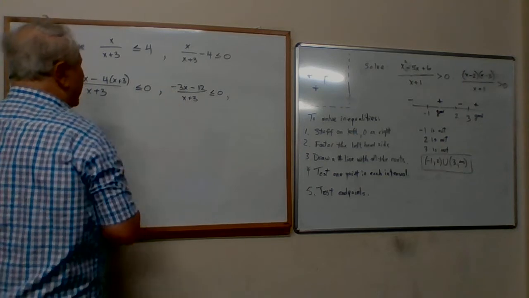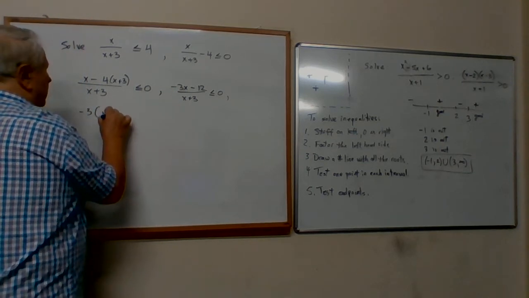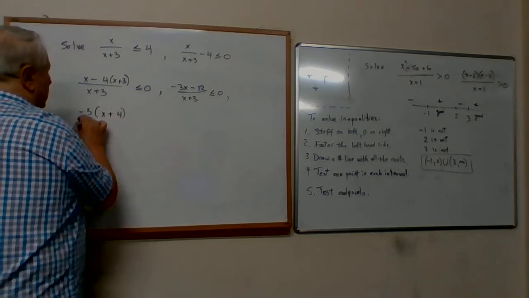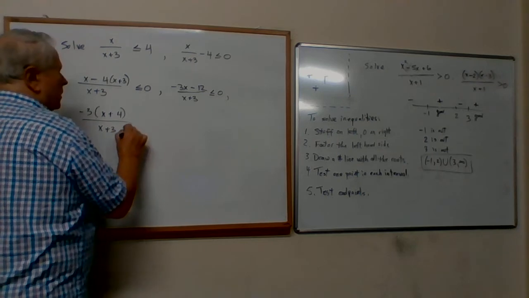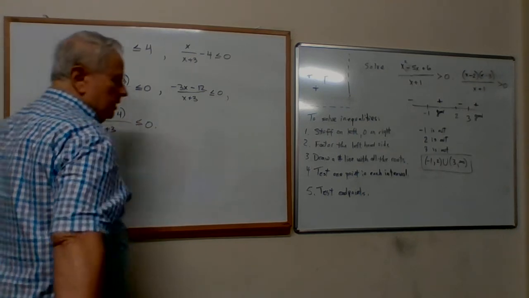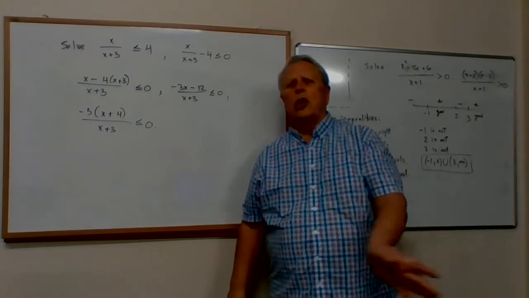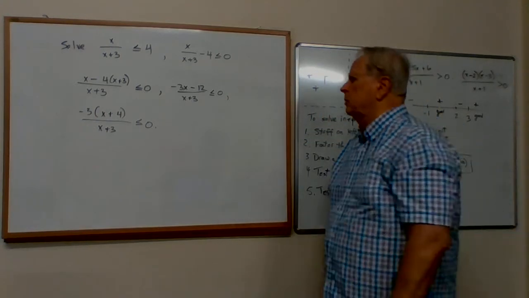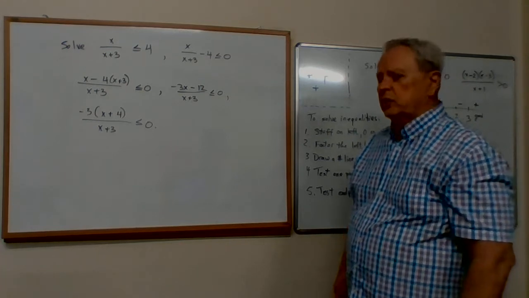Out of which I can factor a negative 3 times x plus 4 now. Make sure you're careful about your signs. And that's less than or equal to 0. Question, is this factored all the way to the bones now? Have I factored it as far as is possible? The answer is yes.